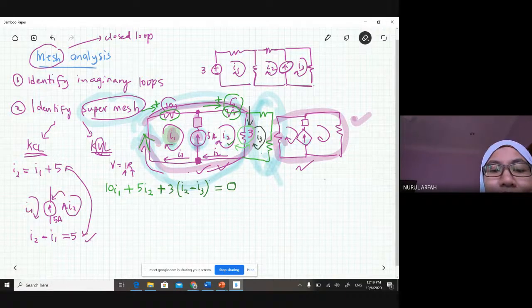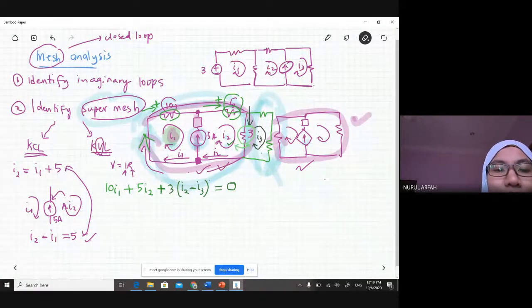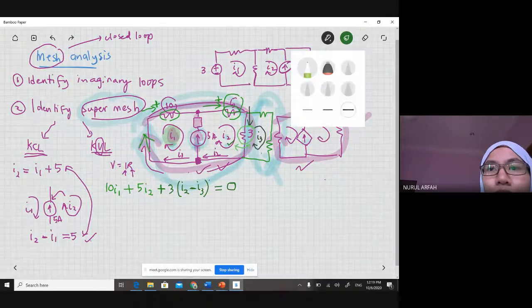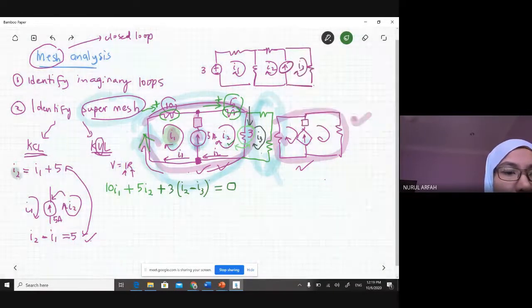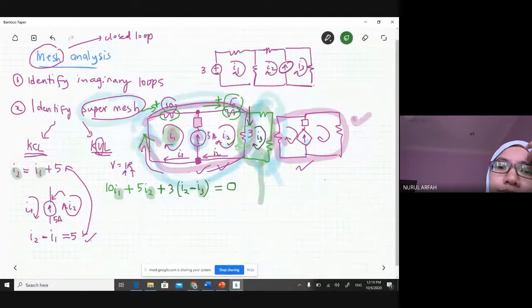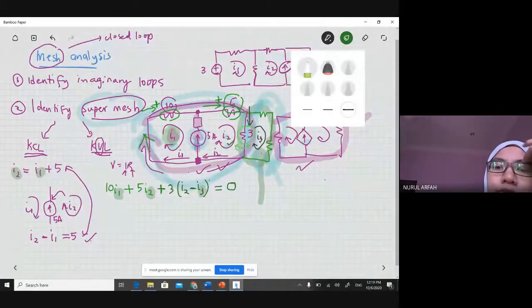Any questions? By looking at here, can we answer the question or not? We have 2 equations and 2 unknowns here, but here we have 1, 2, and 3. You still need another equation at this loop, right? So you need to find the equation here.